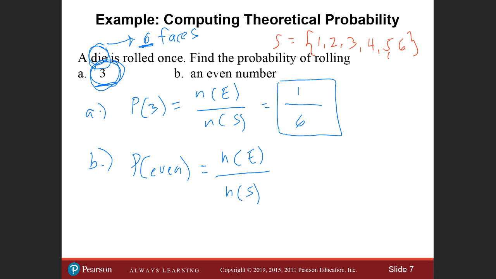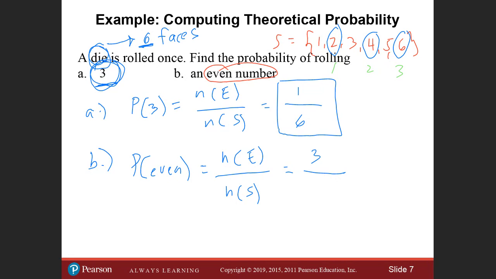So when you see even number, we only have 2, 4, and 6 here. So if you count, that would be 1, 2, 3. So there are 3. So plug that in on the top, you'll have 3 there. And the sample space is 6.